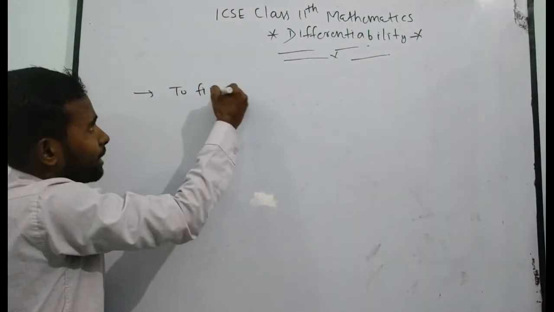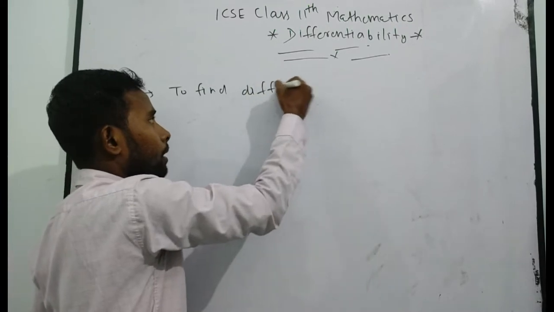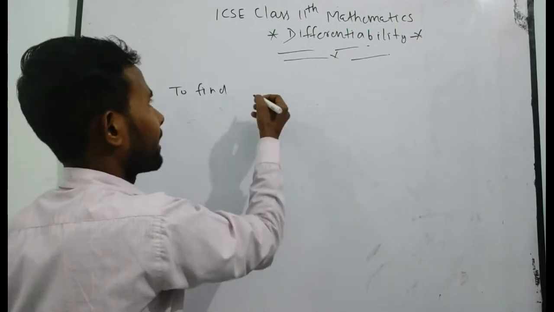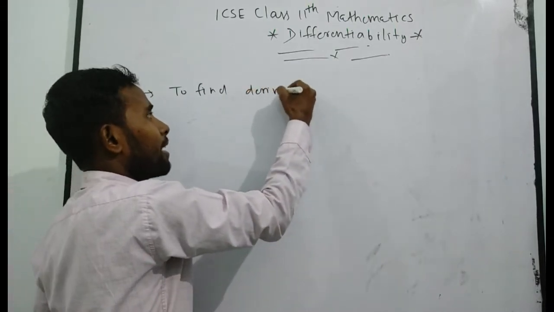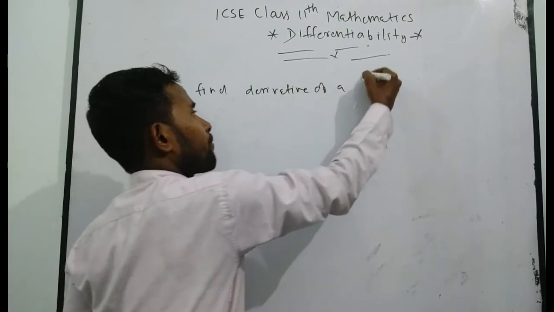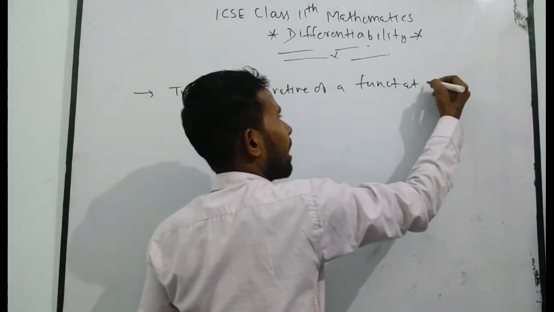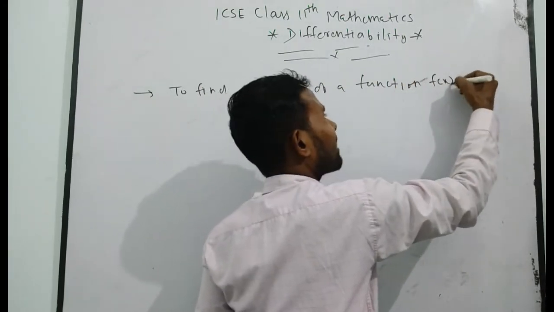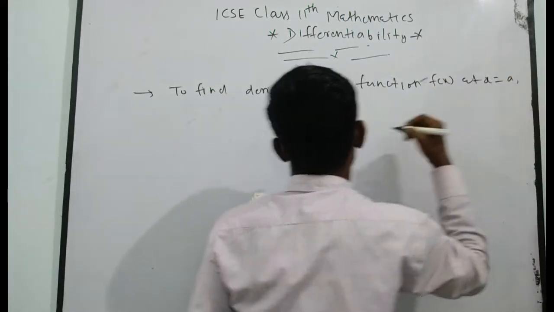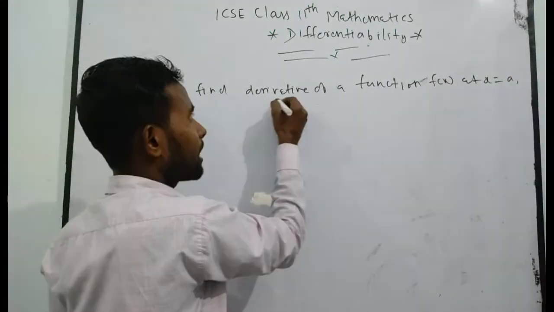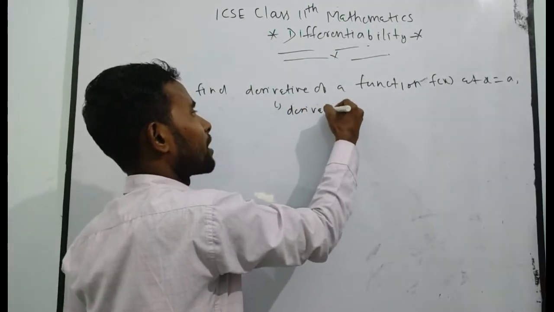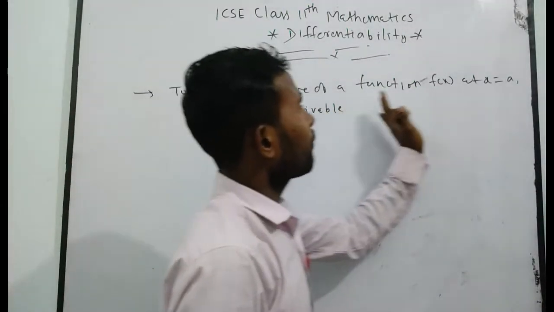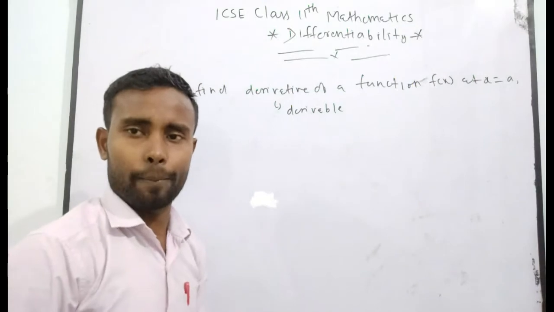To find differentiability, sometimes it is also known as to find the derivative of a function f(x) at x is equal to a. We have to find the derivative. Sometimes derivative is also written as derivable.